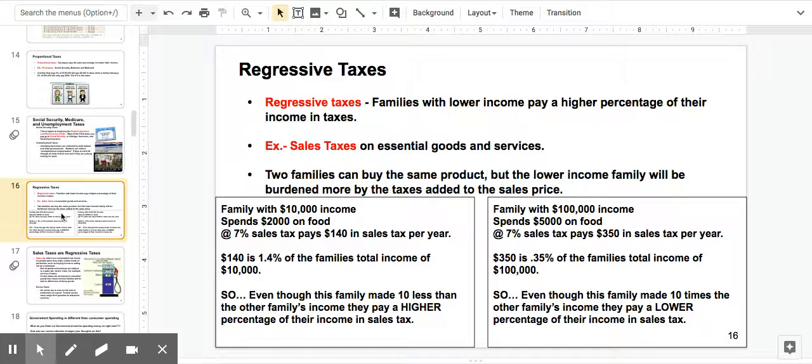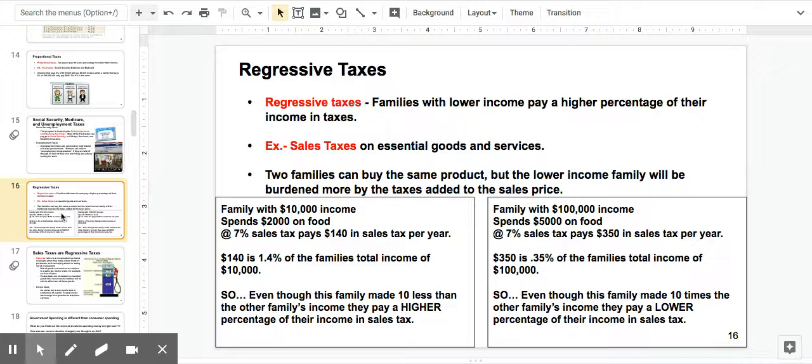The next tax structure is the regressive taxes, and remember, these are the taxes that impact lower income families more so than other families with higher incomes. The example here is sales tax, especially on essential goods and services. The example I put together here at the bottom is based on groceries.